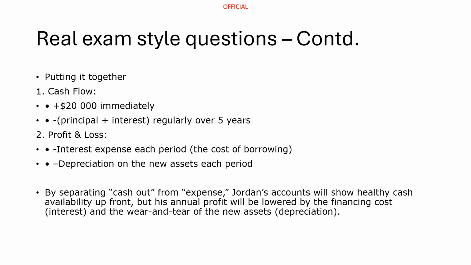In profit and loss, the interest payment will be accounted for, and the depreciation of the new asset in each period will be accounted under the profit and loss account as well. By separating cash out from expenses, Jordan's accounts will show healthy cash availability upfront, but his annual profit will be lowered by the financing cost of interest and the wear and tear of the new asset's depreciation.